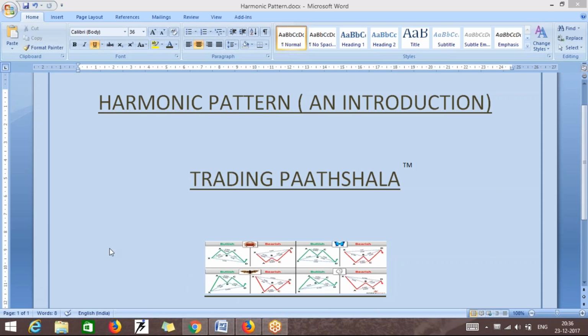Harmonic patterns are reversal patterns, they are not continuation patterns. This is exactly on the guideline, market does not behave randomly. There is certain graphical price movement which is being formed in market. This is the basis upon which harmonic patterns are based.